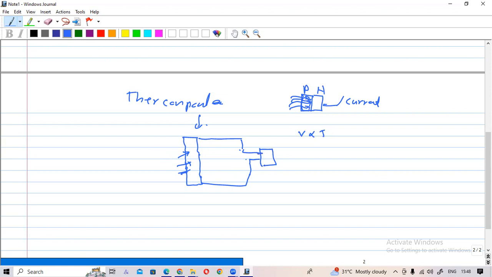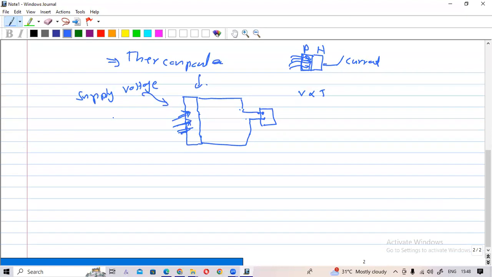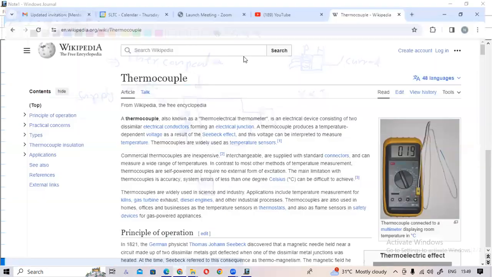That voltage or current is proportional to the temperature. So by measuring the voltage, you can measure the temperature. So when we are heating this, a voltage or current is generated. You no need to give a supply voltage here. But if you consider a flood sensor, there are different types of flood sensors. I just now don't have a flood sensor.